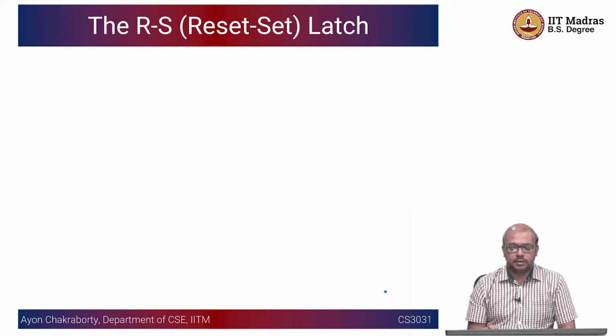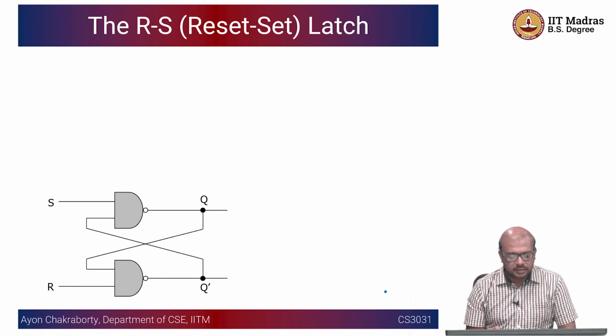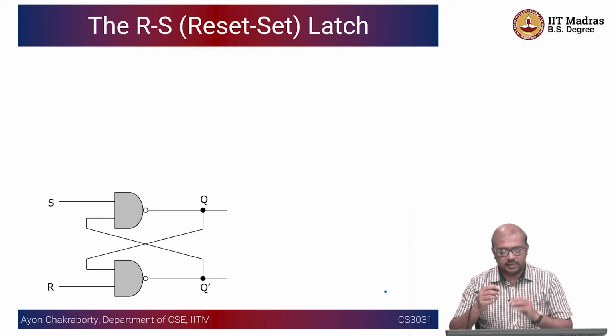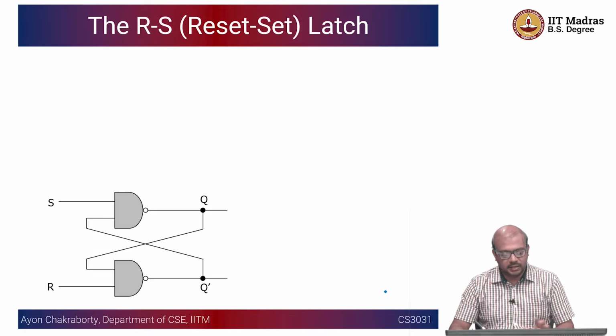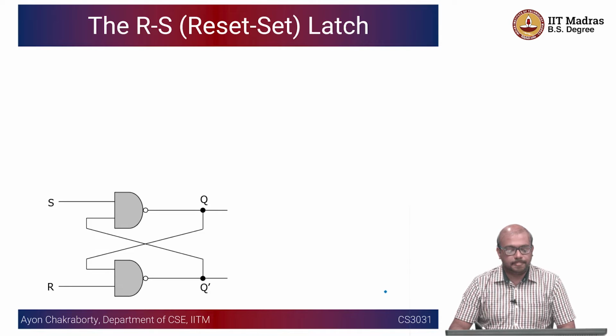Okay, so this is an example implementation of this SR latch. Don't worry about this. It's not always NAND gates. You can always do it using NOR gates. But in this particular case, let us go forward with this implementation. S here stands for set and R stands for reset.